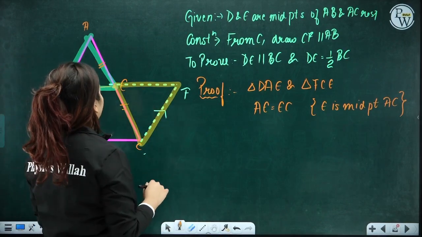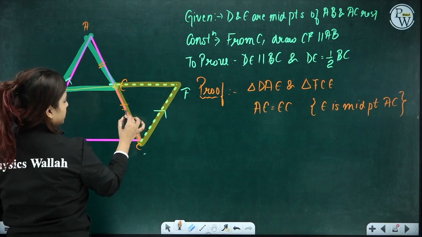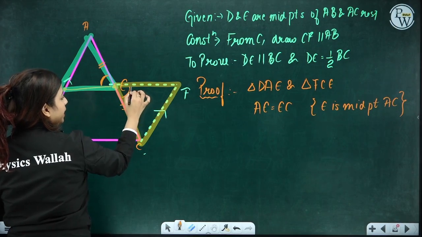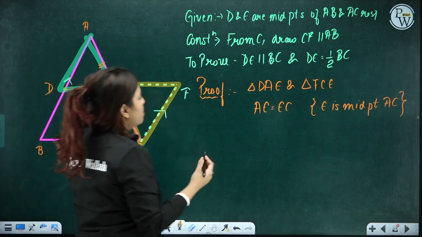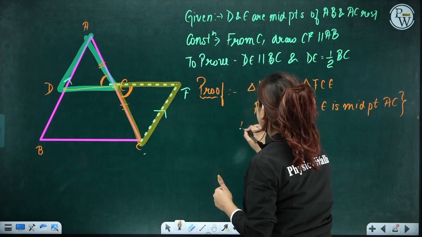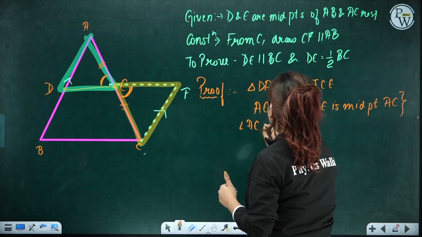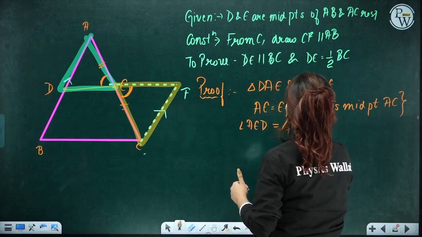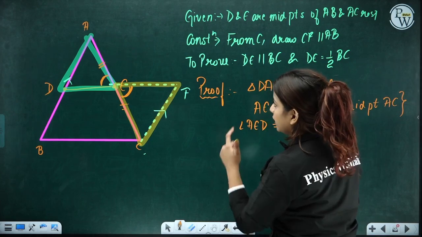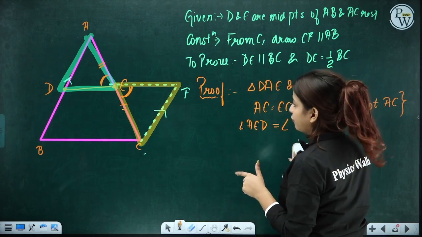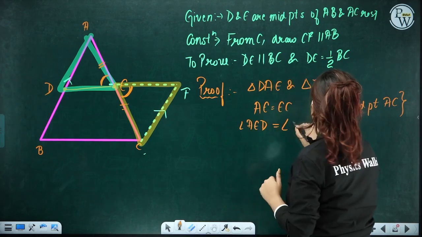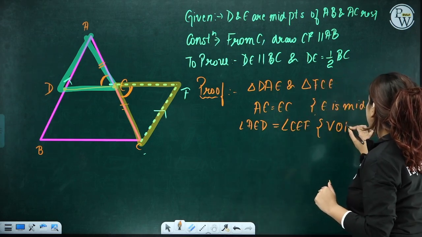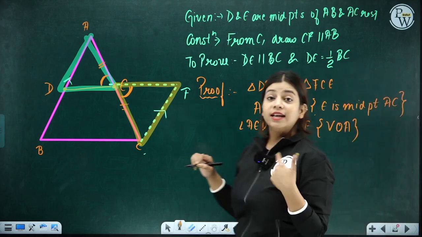The next thing that we are having, students, is this angle: now we can say that this angle will be equal to this angle. Why? Vertically opposite angles. That angle AED will be equal to angle CEF. Why can we say that? Because these are vertically opposite angles.